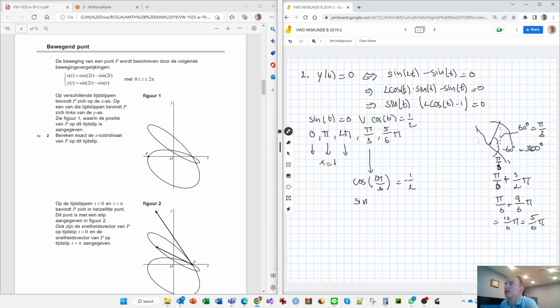Sine again, remember you need to multiply by 2 here. So what you get is x is minus 1/2 plus 1/2 square root of 3.